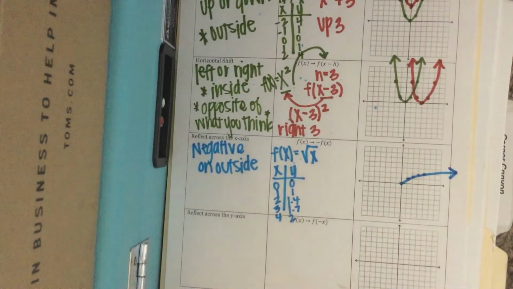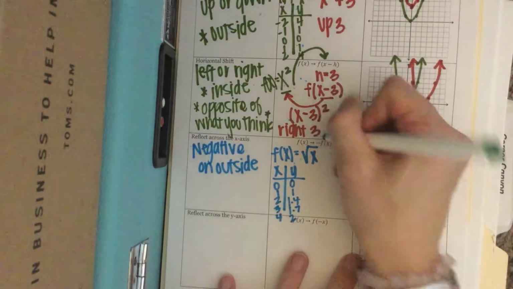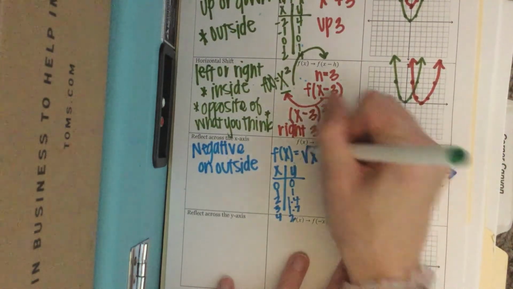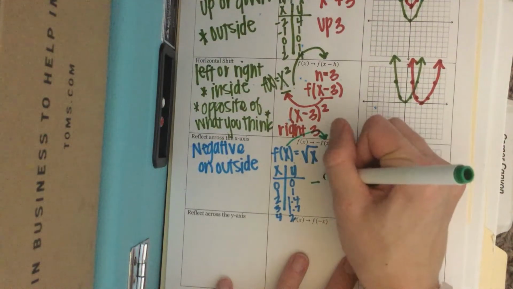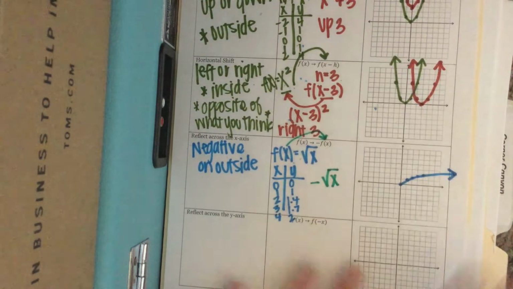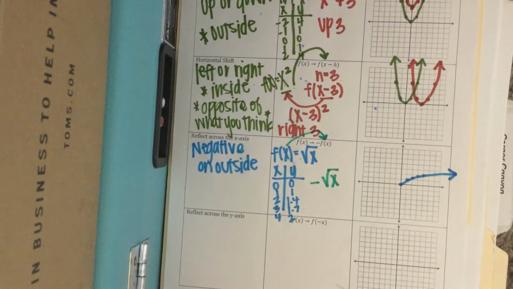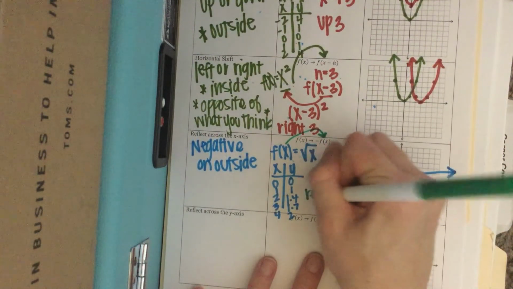Okay. Now, if we have this negative on the outside, that means this is just going to replace that, and the negative goes on the outside. So that's going to be negative square root of x, which is going to reflect over the x-axis.